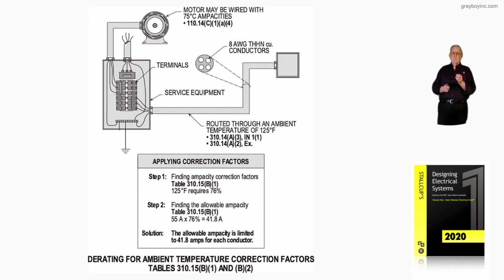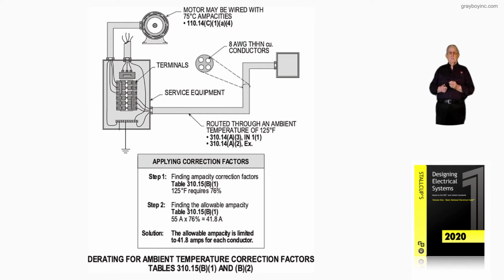And actually it would be C1A in the illustration, 110.14C1A. All terminals are 75 degrees C, meaning the 75-degree column can be used as long as we have our conductors in a conduit system or cables that would have a 75 degree C rating.